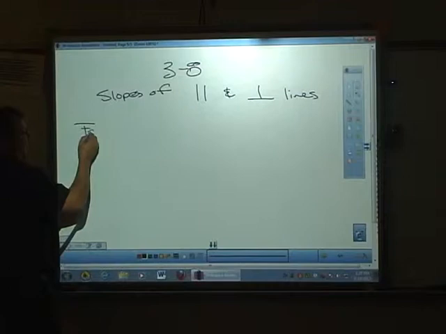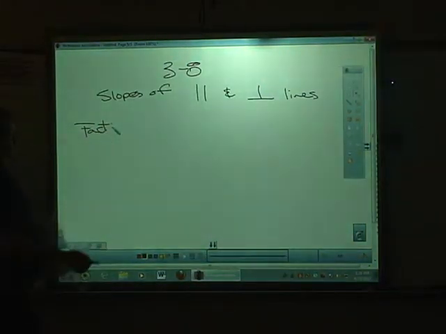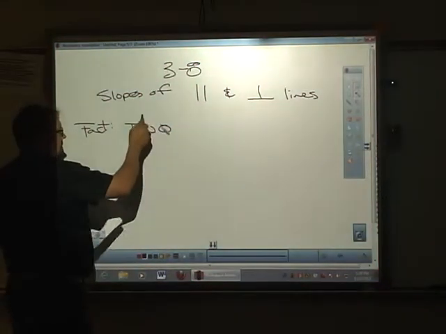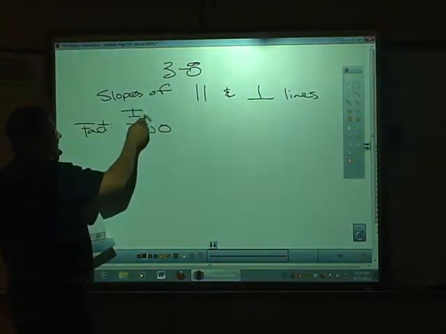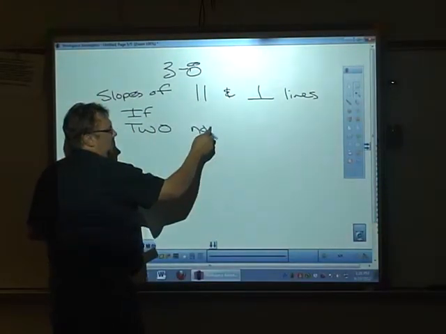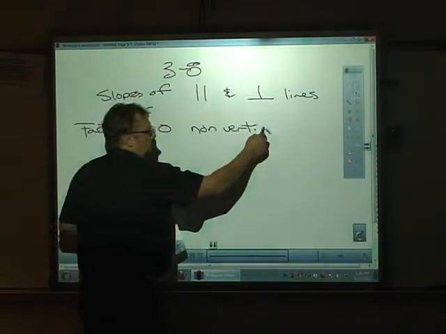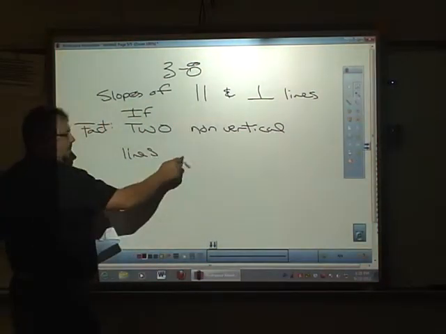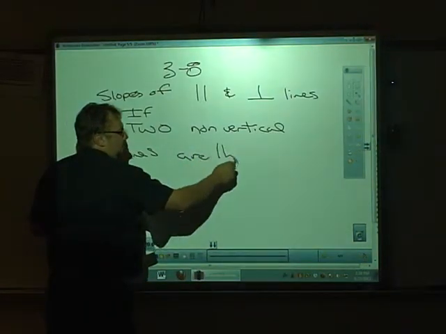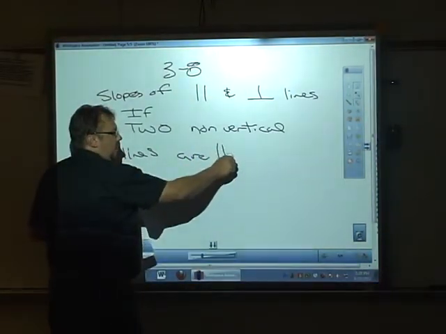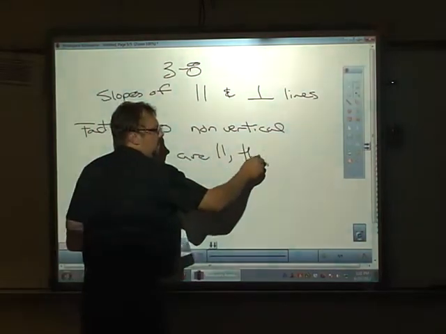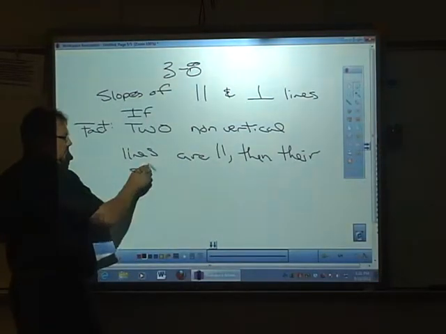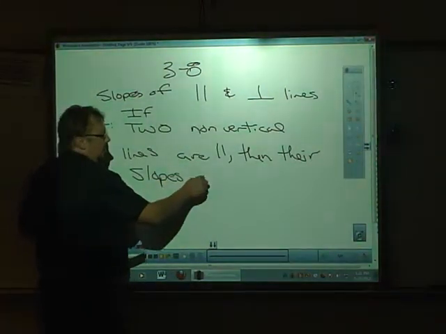Let's start with a fact, which says, if two non-vertical lines are parallel, then their slopes are equal.